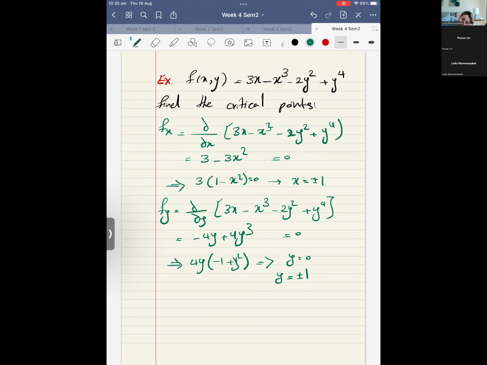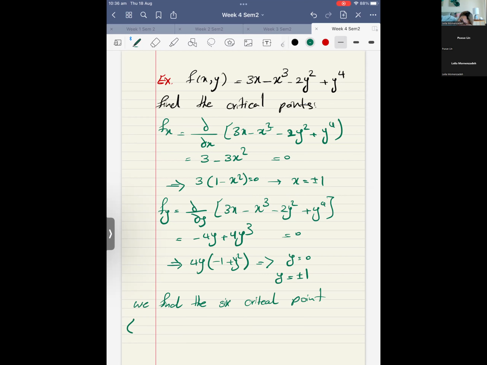Okay. Now we find the 6 critical points, because you have 3 y values and 2 x values. 3 times 2 is 6.